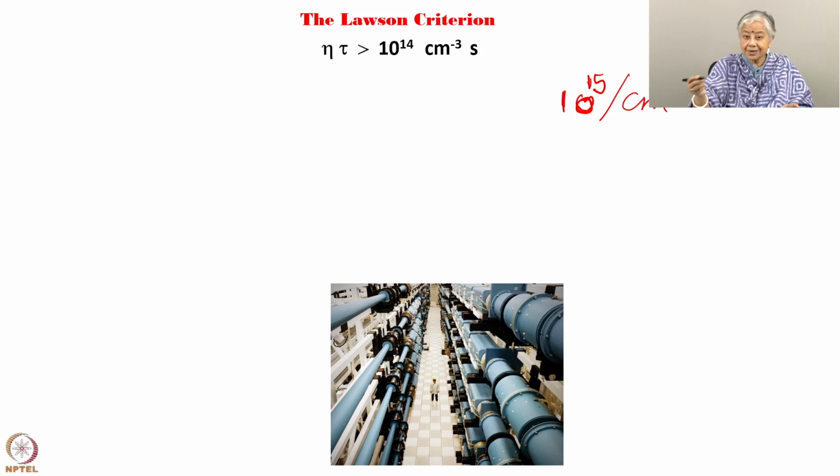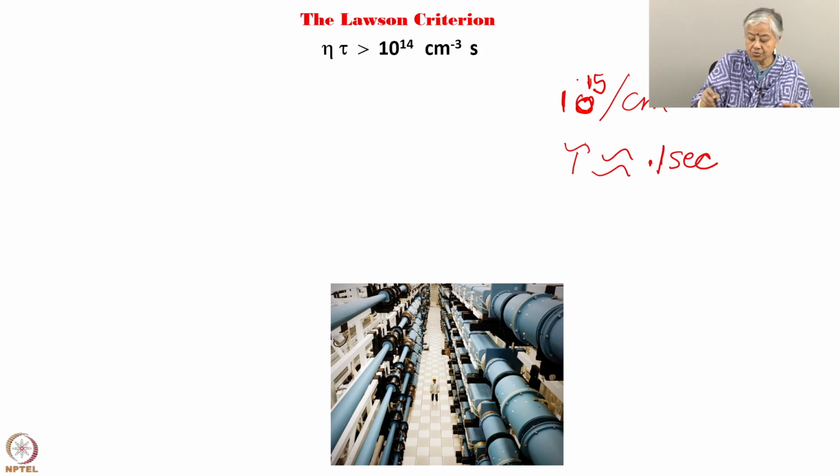Then if you just put that value, tau will be somewhere close to 0.1 second, 14 by 15 per centimeter cube.